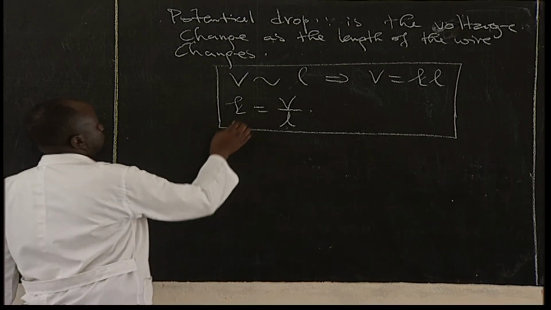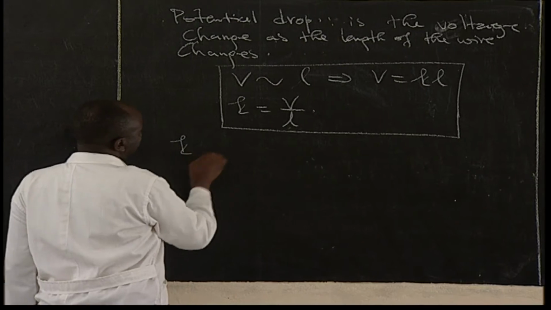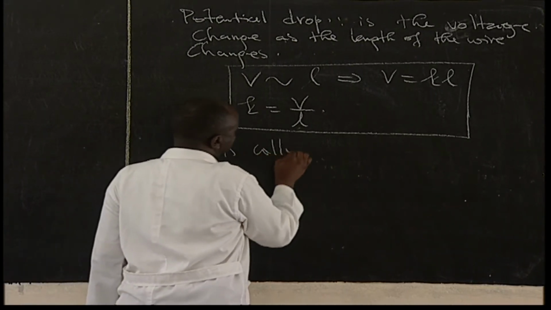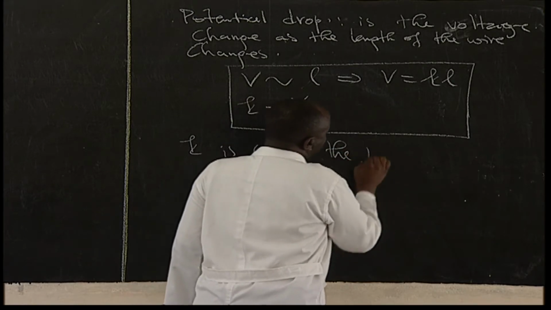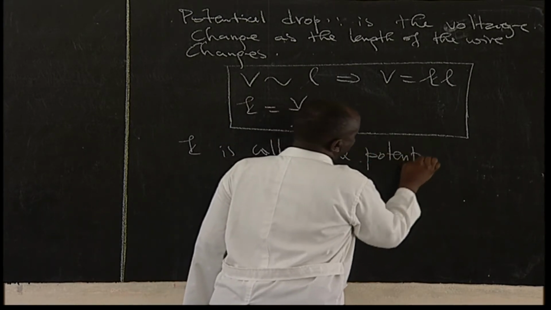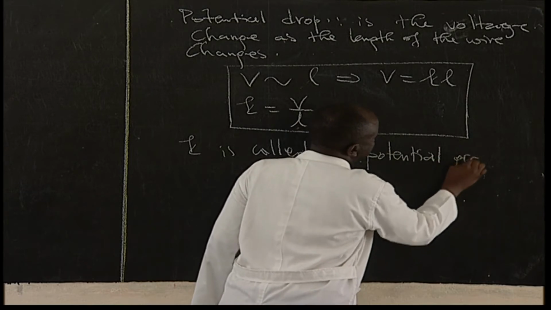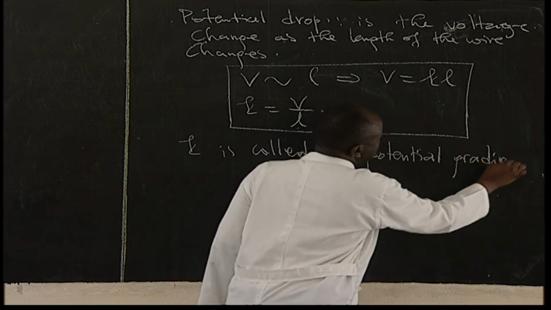But now here we have this K is called the potential gradient. Why gradient?